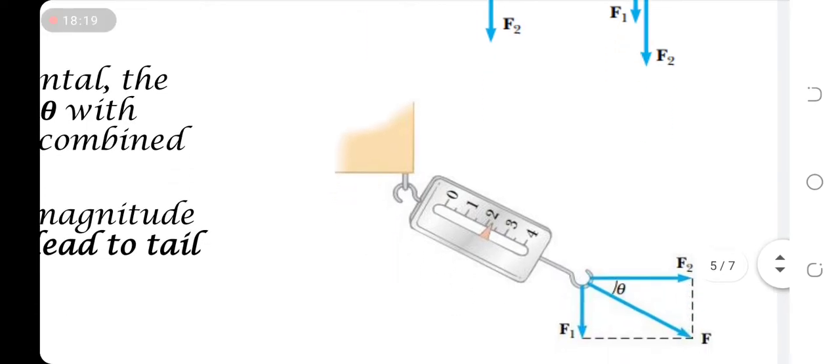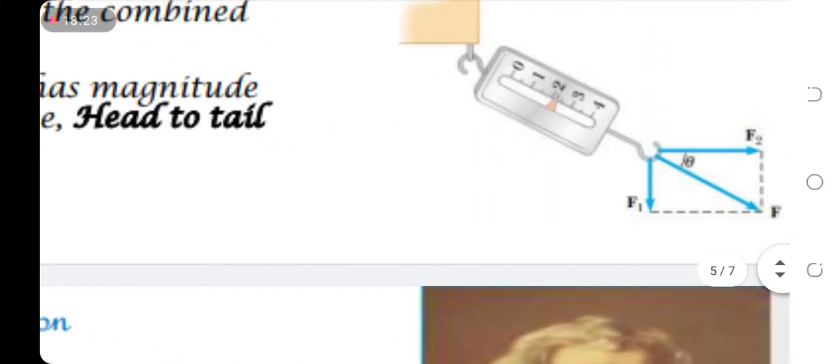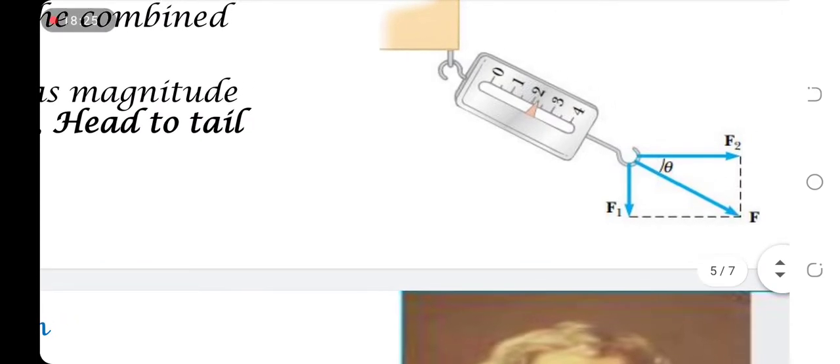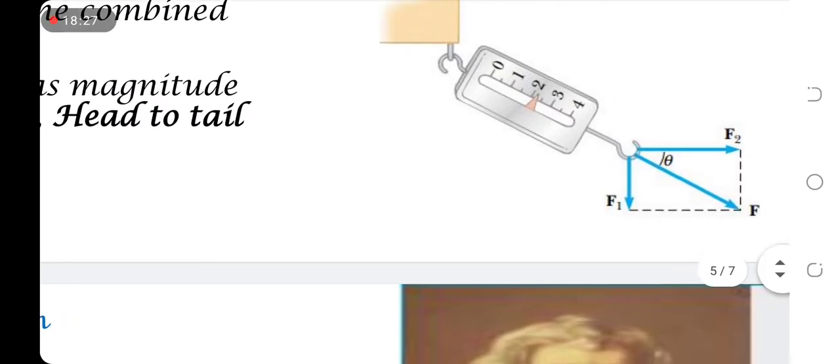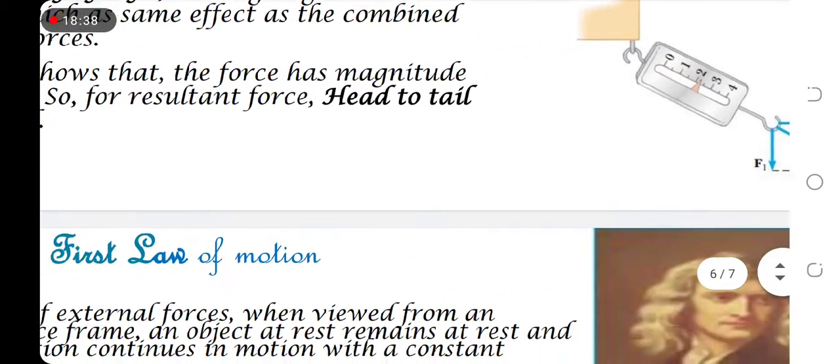We can see from the spring diagram, as F1 is in the downward direction and F2 is in the horizontal direction, both of the resultant F, and that makes an angle theta with the horizontal F2 force.